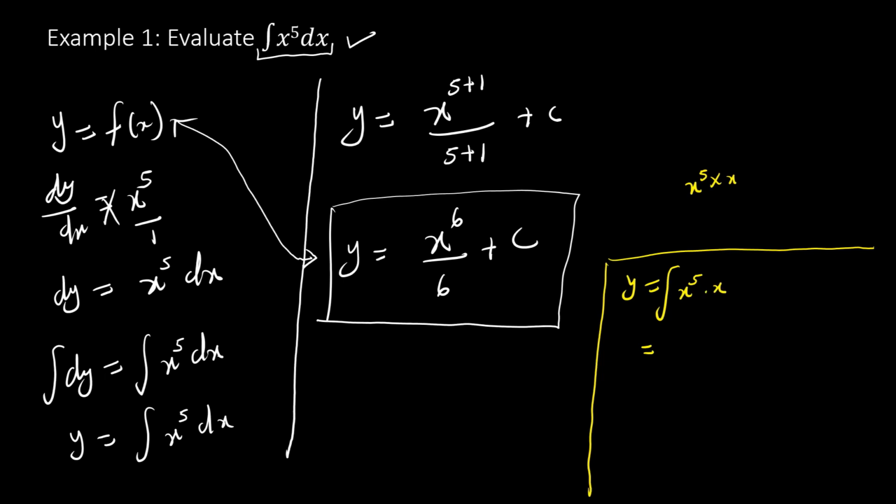So we have x to the power of 5 times x, we are going to have x to the power of 5 plus 1. And simply put whatever you have at the top, put it at the denominator too: 5 plus 1 plus c. So this is a quick tip of how to easily get integration. This is x to the power of 6 over 6 plus c.